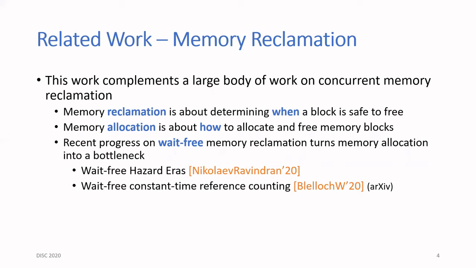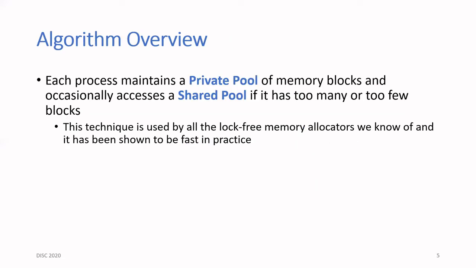For example, there was a paper in PPoPP this year where Nikolaev and Ravindran presented a wait-free version of hazard pointers, and they show this algorithm to be very fast in practice. With the introduction of wait-free memory reclamation, the memory allocation part becomes a new bottleneck, so making memory allocation wait-free and fast is very important.